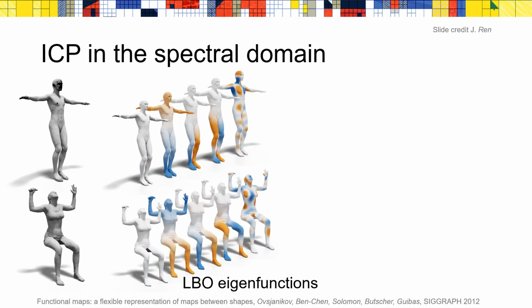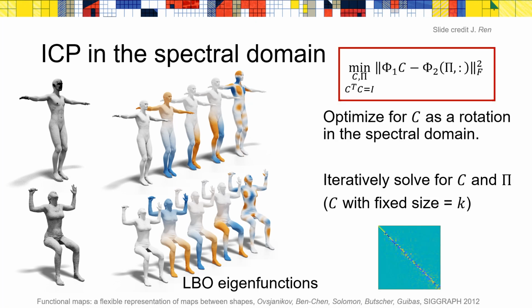This idea has been extended in the original functional map paper to the spectral domain, where the two shapes are represented with the Laplace-Beltrami eigenfunctions, so with their Fourier basis instead of using the coordinates. Again, the ICP in the spectral domain consists in the optimization for a rotation that is able to align the LBO eigenfunctions of the first shape with the image, through the point-to-point map pi, of the LBO eigenfunctions of the second shape.